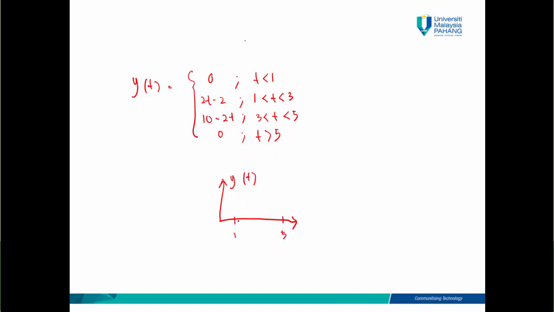And then we have 2t minus 2 from 1 to 3, and we have 10 minus 2t from 3 to 5. We can write down the signal actually like this. Okay, that's all for this example, and we will continue in the next video with more examples.